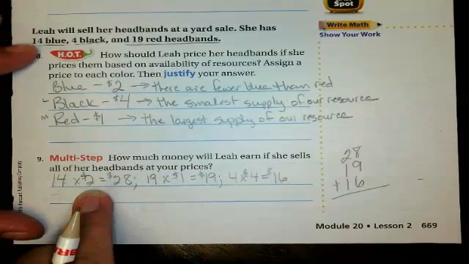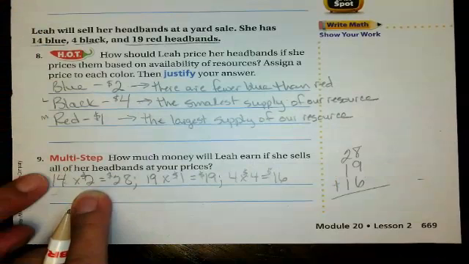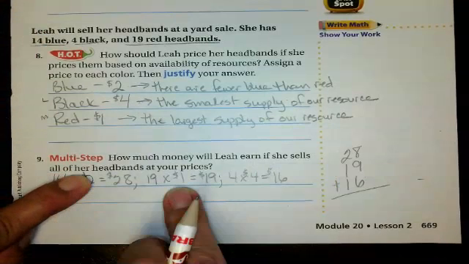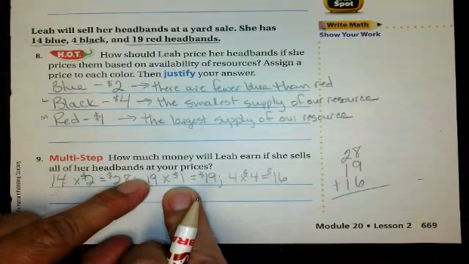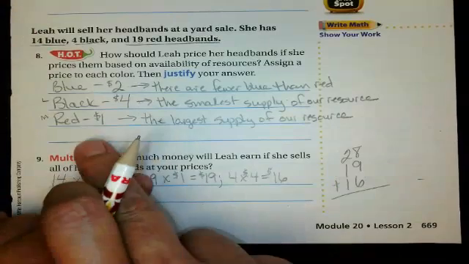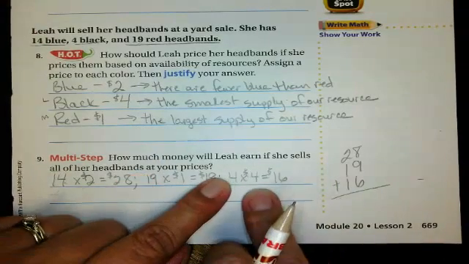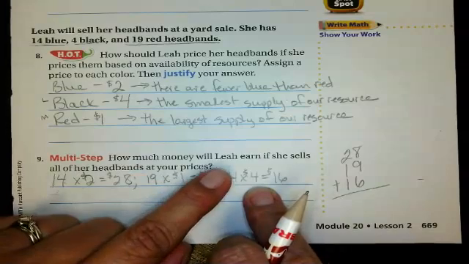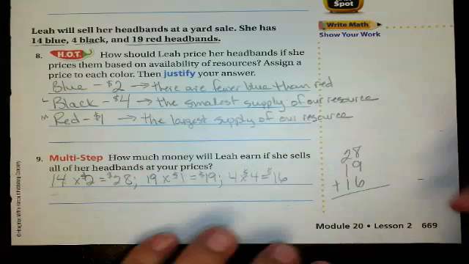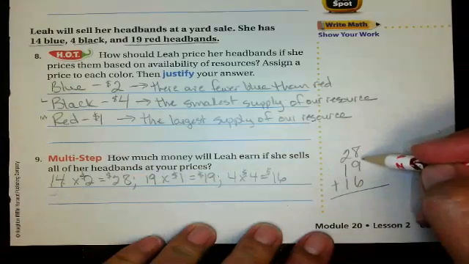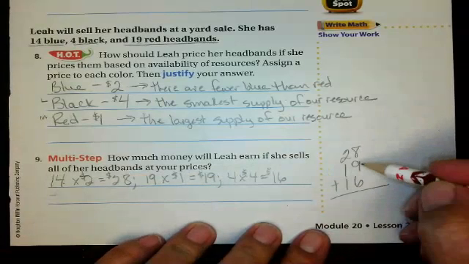Why did I multiply it by 2? Well, I had 14 headbands at $2. Why did I multiply 19 times 1? 19 headbands at $1. Why did I multiply times 4? 4 headbands at $4 a piece. I take all of my totals and then I add them up to get my answer.